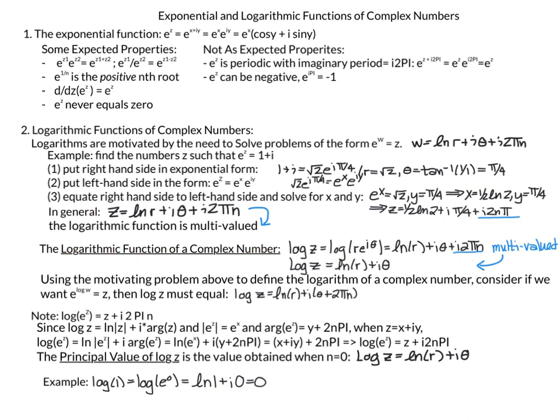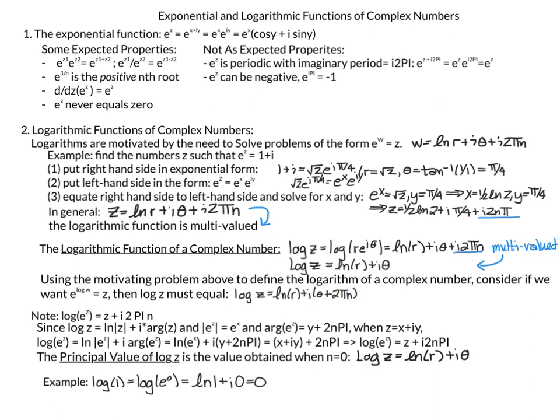And looking at how this kind of example is going to help us define the logarithmic function of a complex number. Remember, we wanted e to the log w equal to z. Actually, it was like log of e to the w equals z, sort of the opposite, the log and the e. But anyway, they're inverses is the idea. So if you want this to equal z, then that must mean that log of z must equal the natural log of r plus i theta plus 2 pi n.